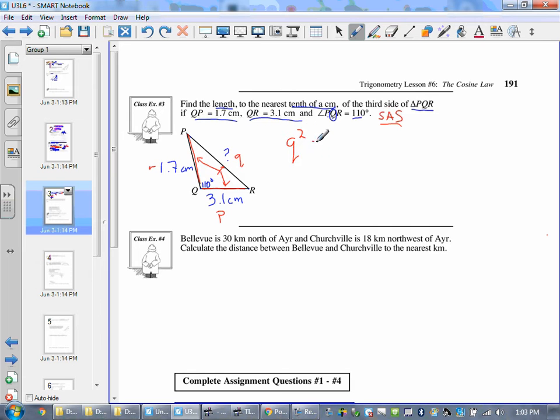Q squared equals P squared plus R squared, take away 2PR cos Q. Nice. Nicely done.